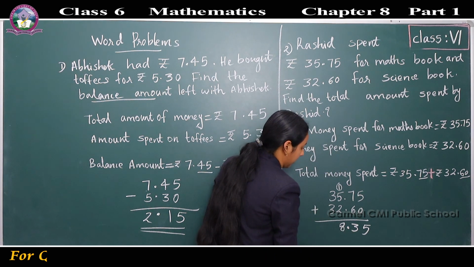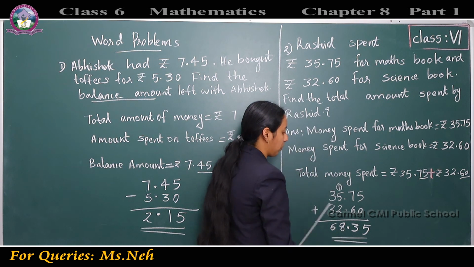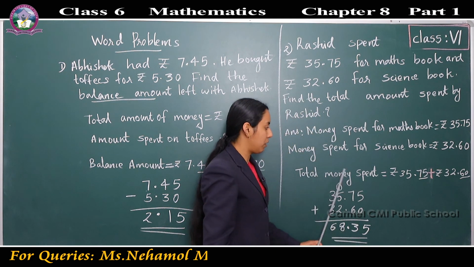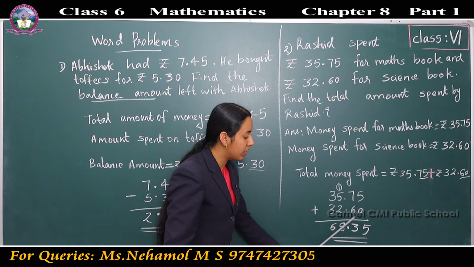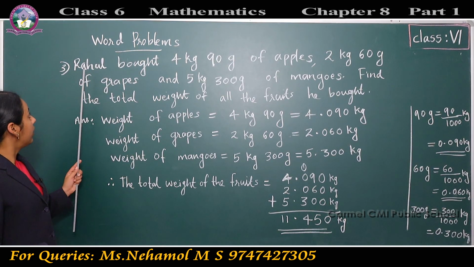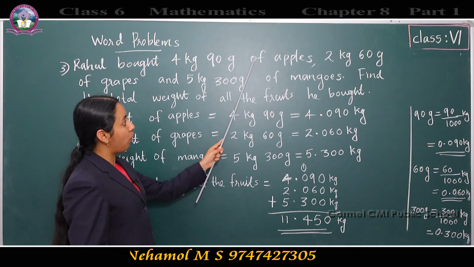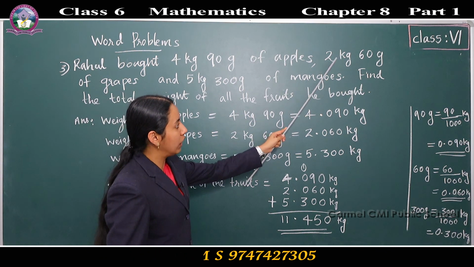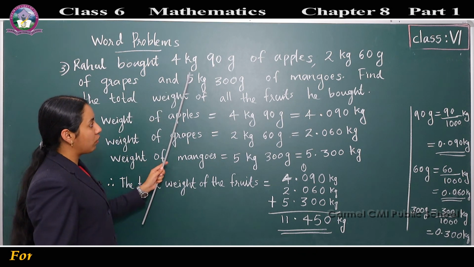Then 3 plus 3 is 6. 68.35. Total money spent is rupees 68.35.